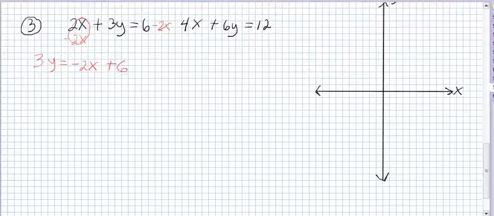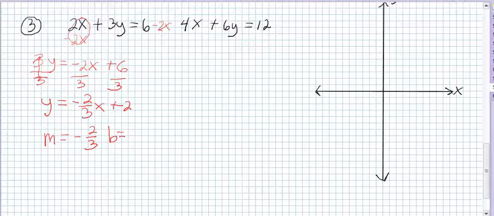So plus 6, and I want to get 1y, not 3y, so I'm going to divide by 3, divide by 3, divide by 3. 3 over 3 is 1, so I have 1y. Negative and positive is a negative 2 over 3x, and then 3 will go into 6 2 times, and it's positive 2. Again, let's identify our slope. Our slope is negative 2 over 3, and my b is 2.